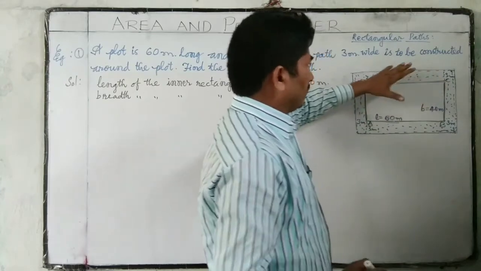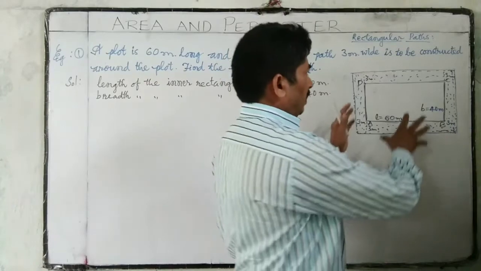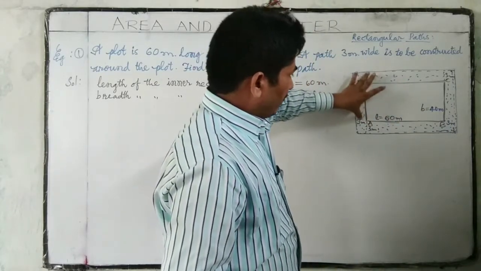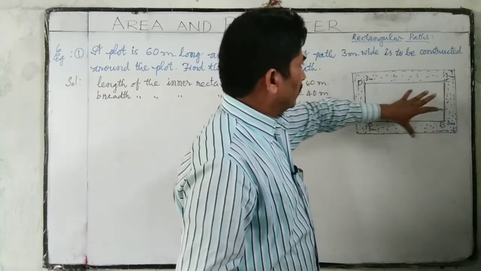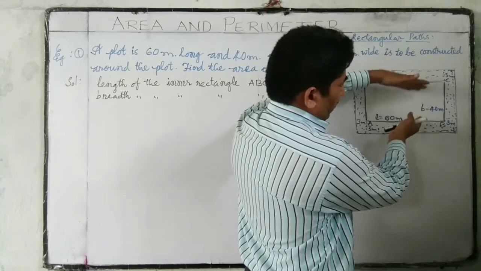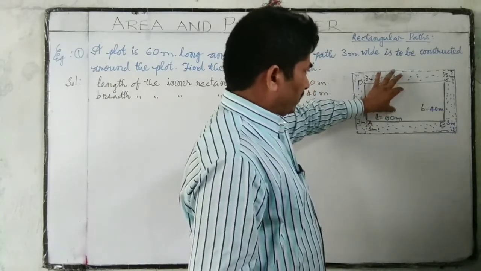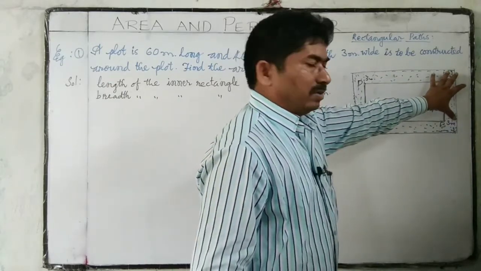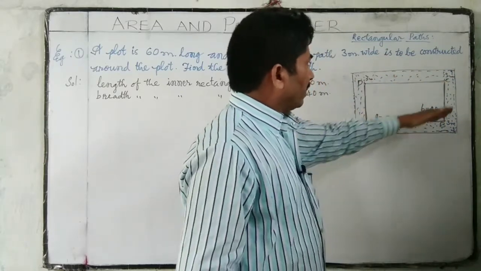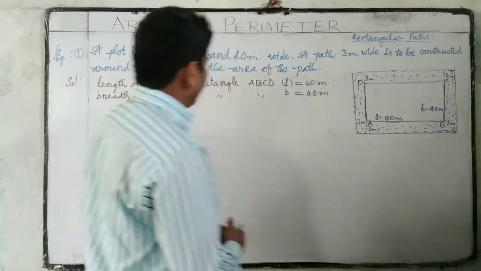How to find the area of this rectangular path? Area of the rectangular path is equal to the area of the outer rectangle minus area of the inner rectangle. That's why we have to find the area of this inner rectangle and area of this outer rectangle. Then we can get the area of the rectangular path.